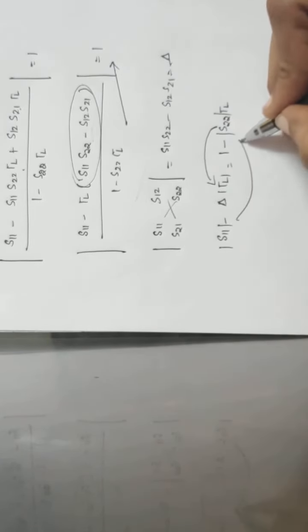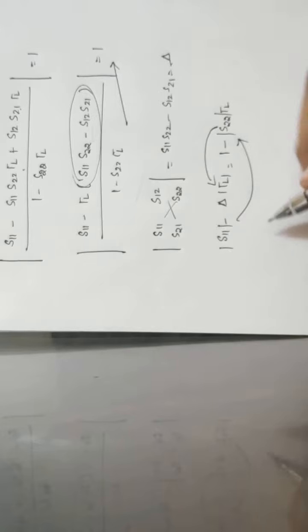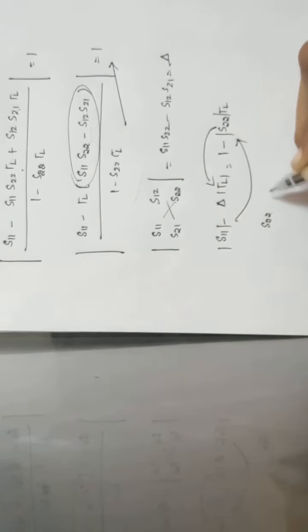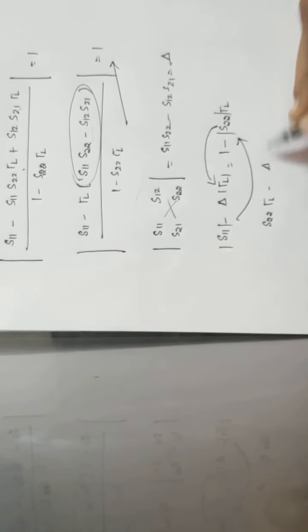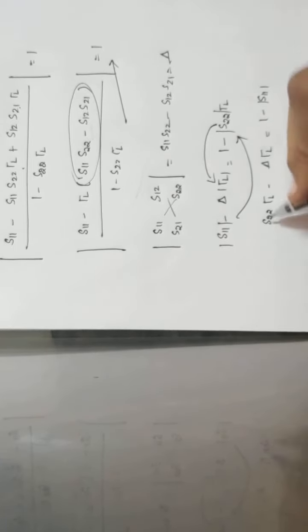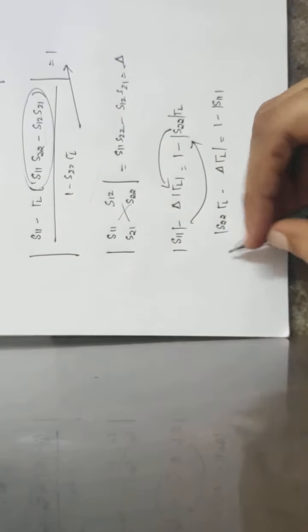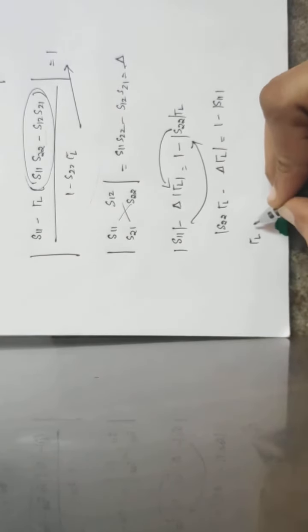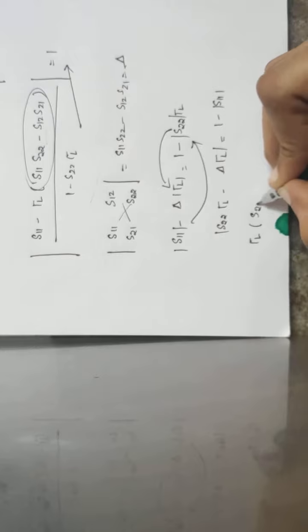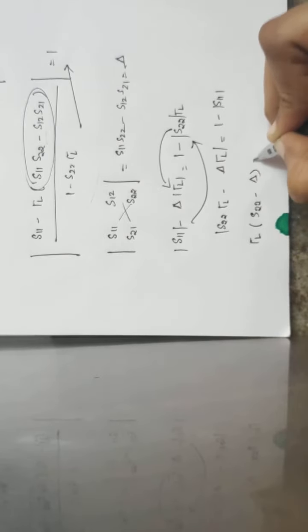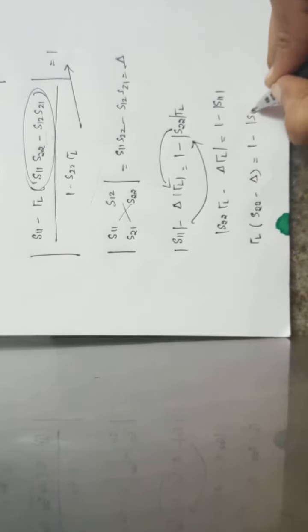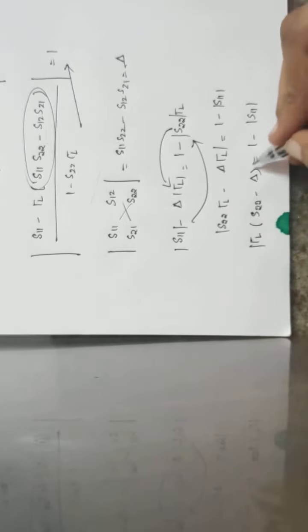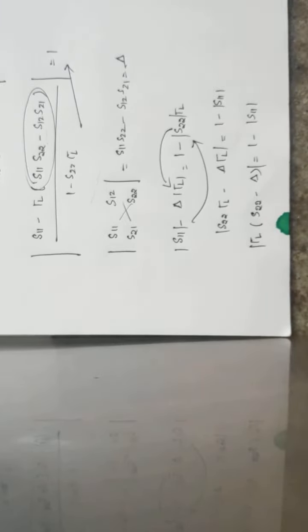So this becomes S22 ΓL minus Δ ΓL equal to 1 minus S11. Now take ΓL commonly outside, so this becomes ΓL into (S22 minus Δ) equal to 1 minus S11. All of this is inside a modulus.